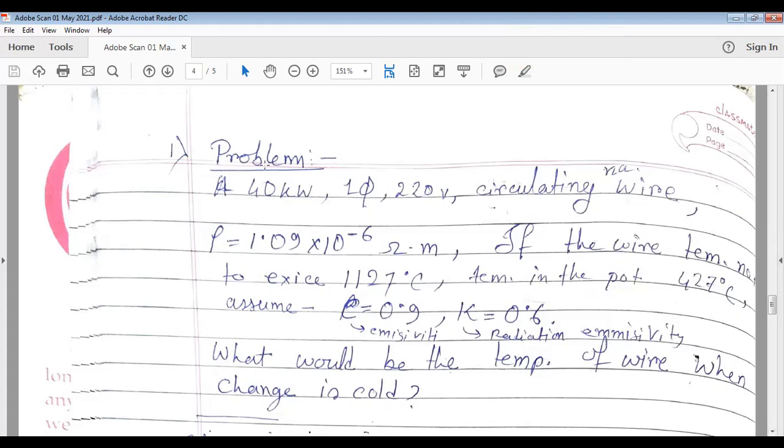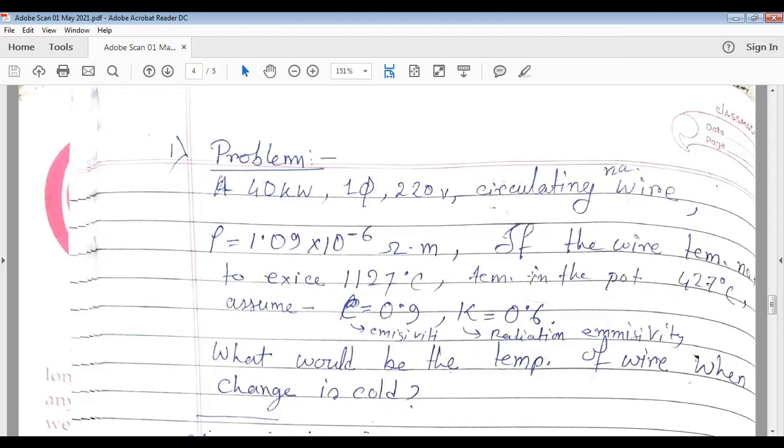You are putting 40 kilowatt power, and the temperature is 1127 degrees at this point, and the temperature of the pot is 427 degrees centigrade. You have to reach this amount because it is required, and after reaching it, it comes through the cool down, which means this amount of heat is exchanged.